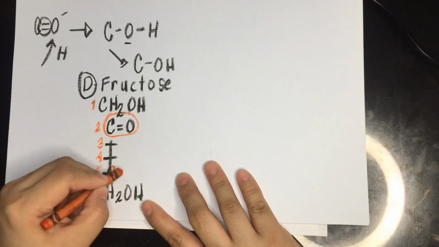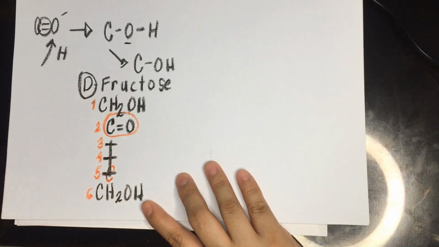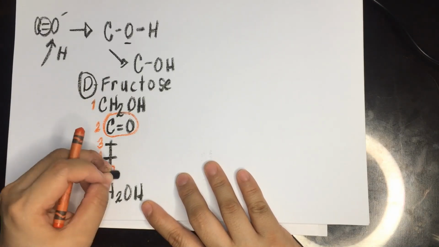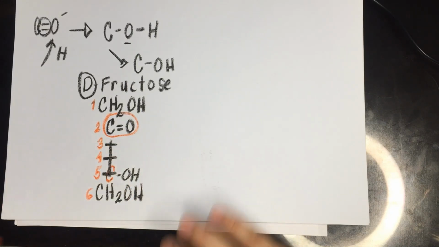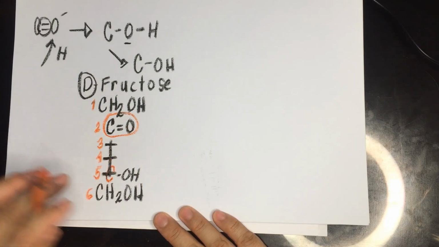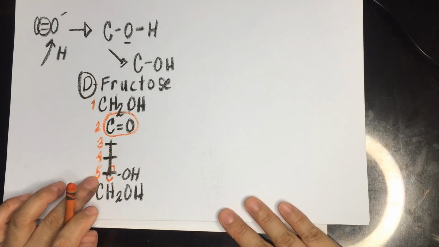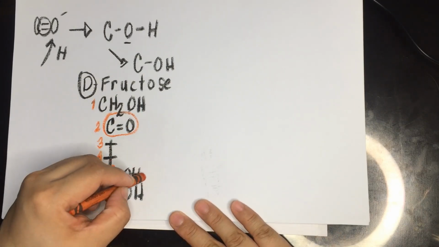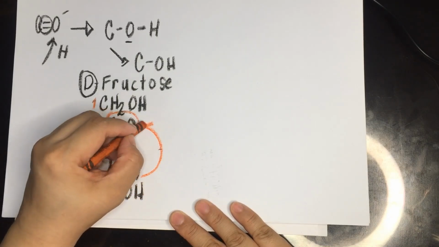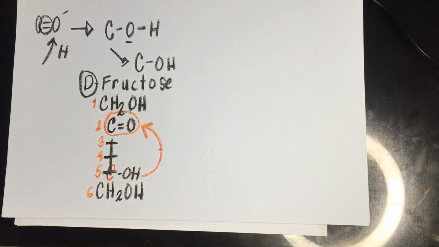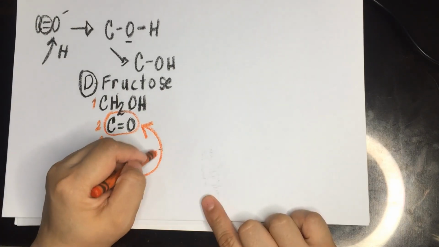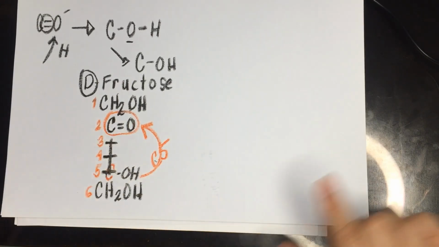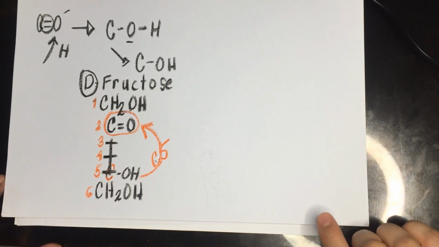So this would now mean, in a D configuration, that the hydroxyl group is found on the right. After we find the highest chiral center, this is now going to form a ring with our functional group. So C5 will now go to C2 to form a ring.